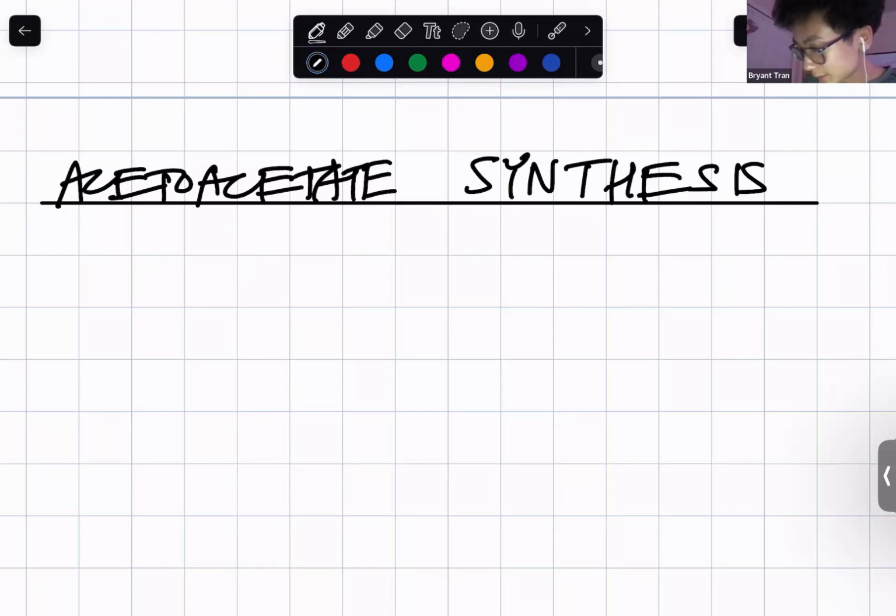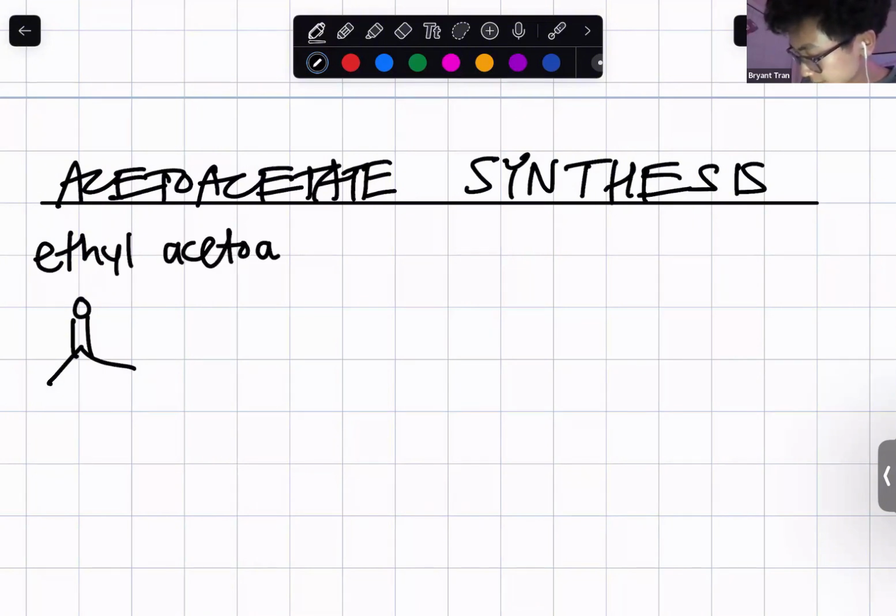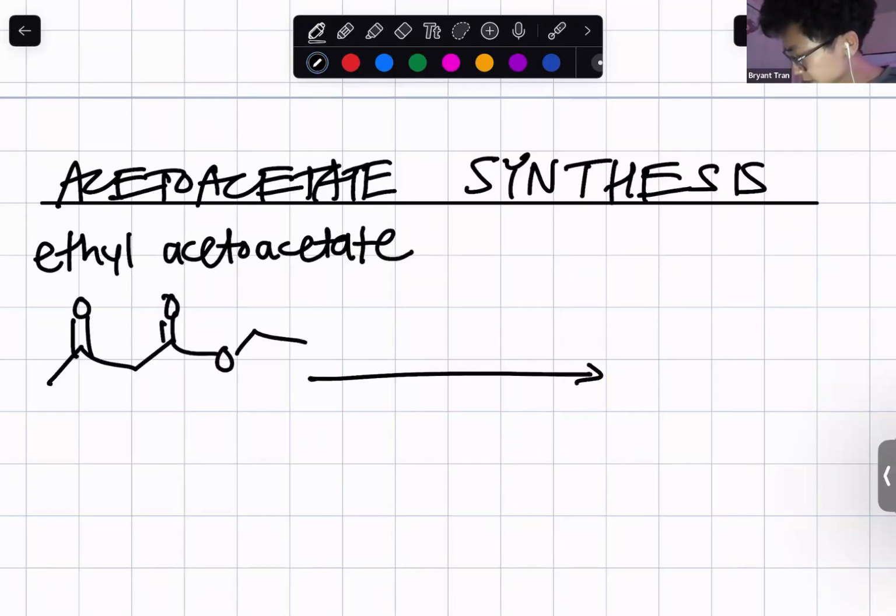Let's say your starting material is ethyl acetoacetate, which looks like this. Let's say we react it with these reagents here.